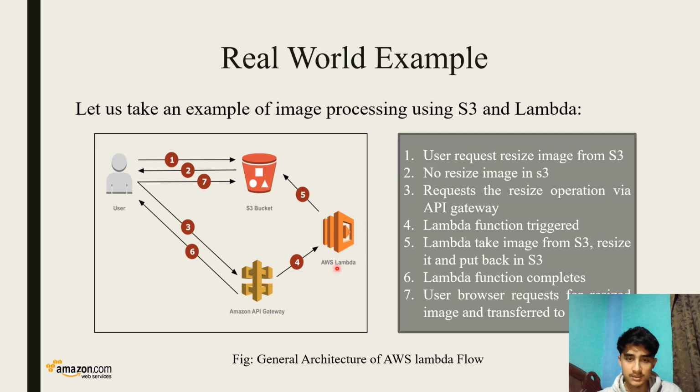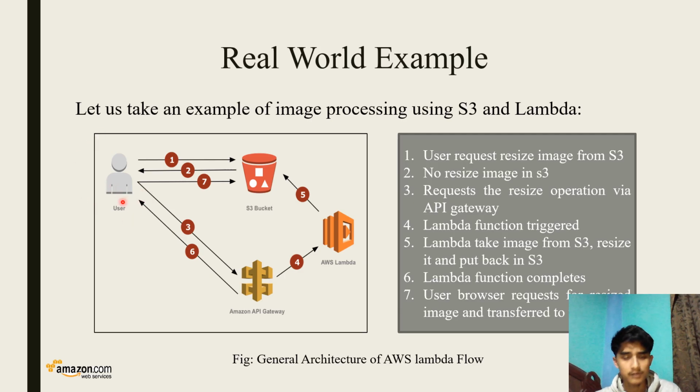After the Lambda function is triggered, it downloads the original image from the S3 bucket, resizes it, and puts the resized image back in the bucket. After the resized image is stored in the bucket, the user's browser retrieves it and the user gets the resized image.